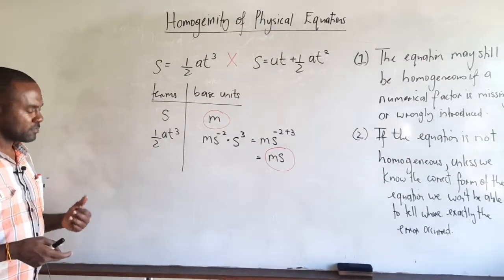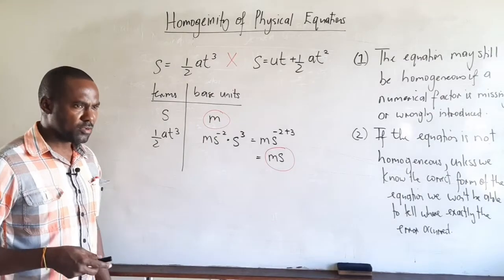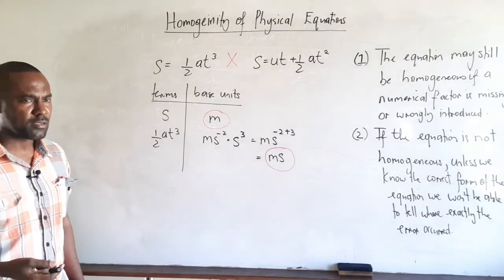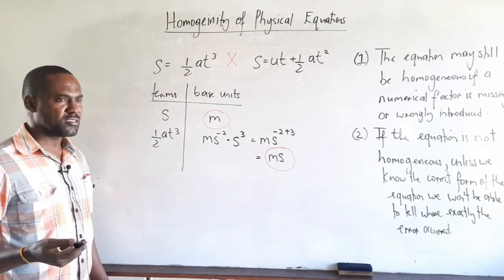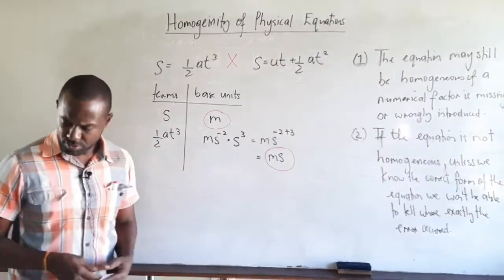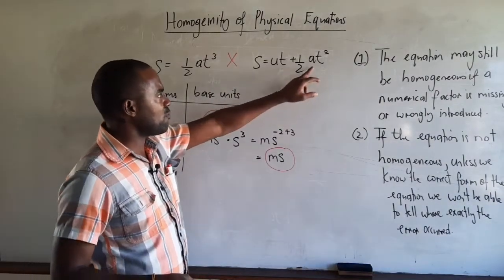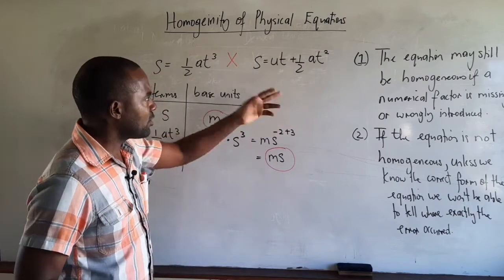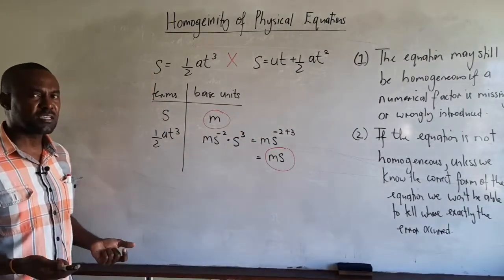Now, this mention of this example also could reveal a third drawback. The equation being homogeneous does not reveal any missing term. As we said before, if we were to remove ut or even remove a half at squared, the equation would still be homogeneous despite the term being missing, right?